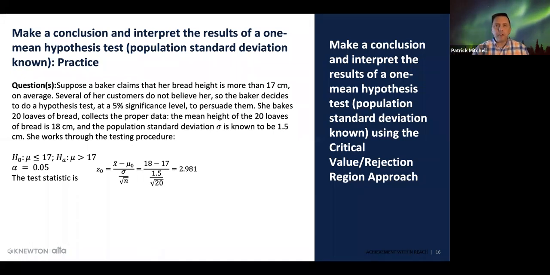So hopefully you understand at this point that 3 standard deviations above the mean is super, super unlikely. Okay. The critical value this time, because it's a right-tailed test, we're looking for the z-score that cuts off the top 5%. We did that example earlier. That z-score is 1.645.